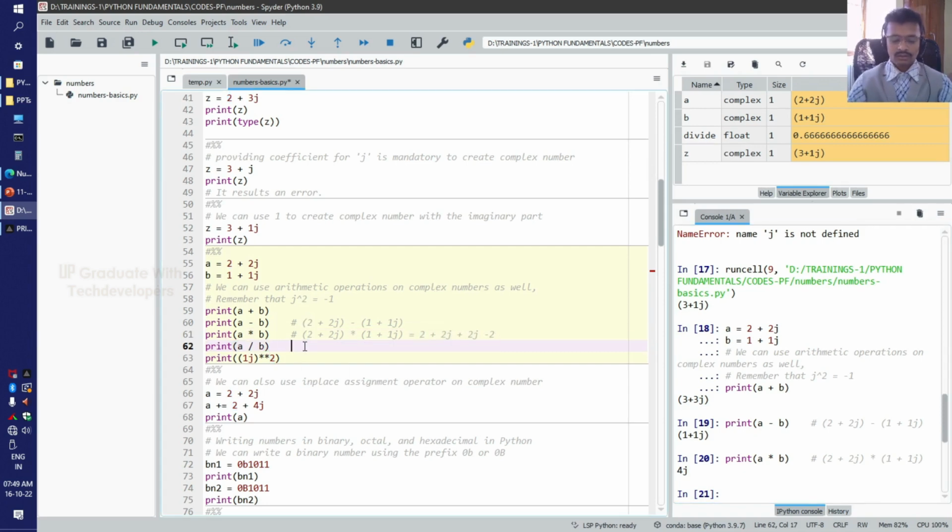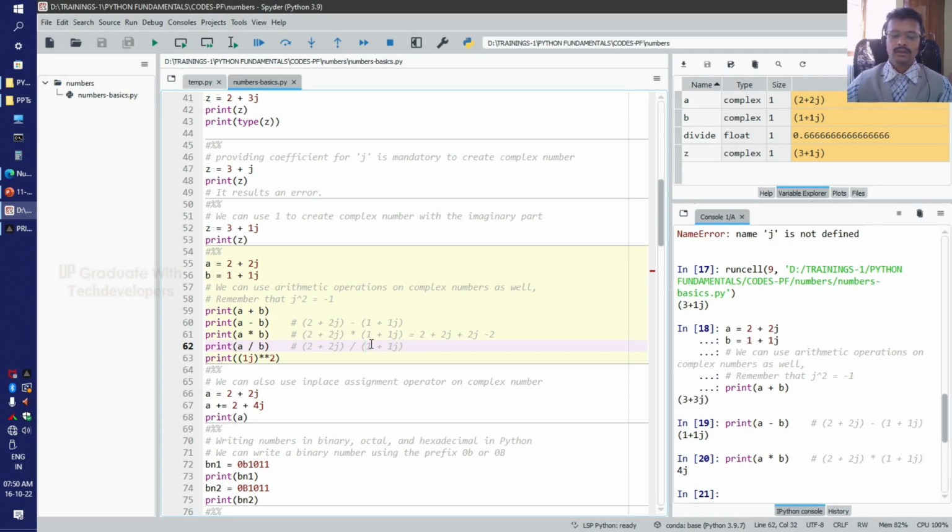Similarly, the division. When we divide one complex number with another complex number, then the complex conjugate of the denominator will be multiplied with both the numerator and denominator, and then the multiplication will take place and the result will be displayed.